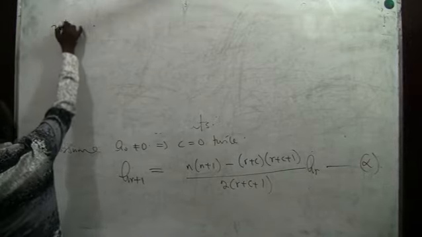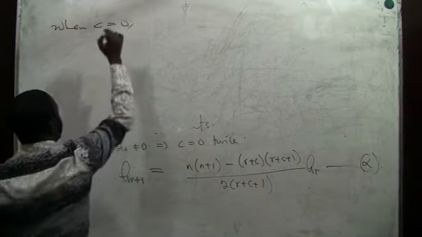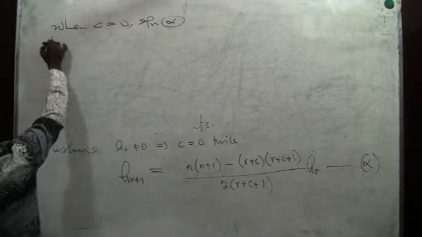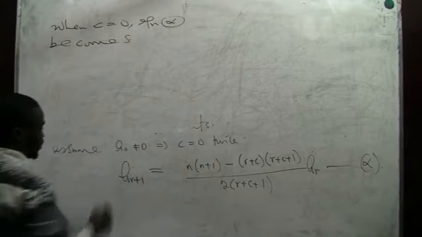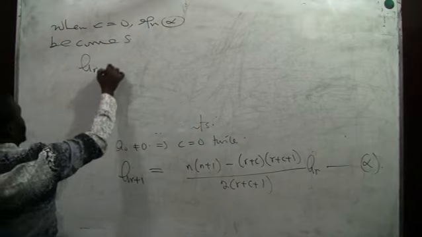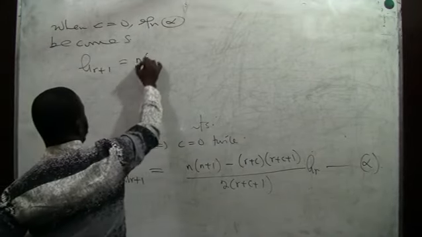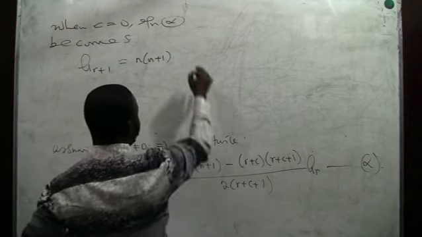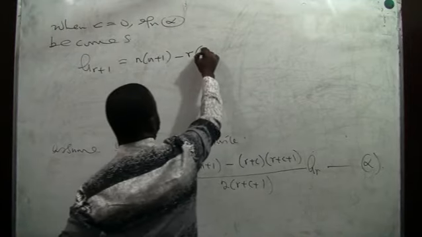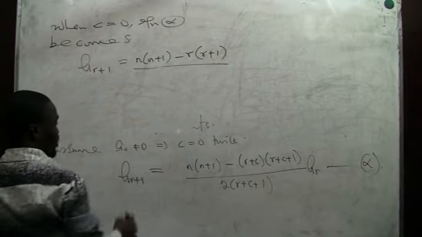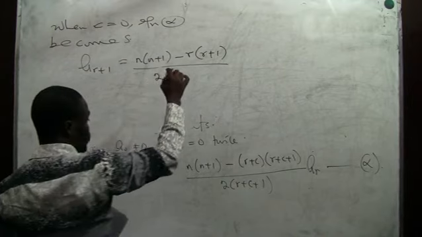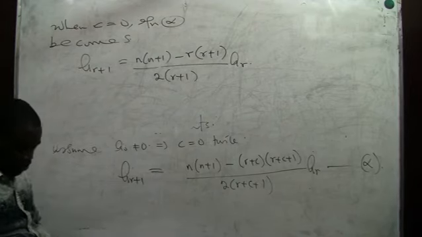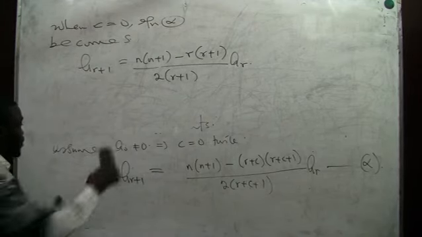When c equals 0, equation alpha becomes, it becomes A r plus 1 equals n into n plus 1 minus r into r plus 1 divided by 2 into r plus 1 A r. Let us factorize the numerator.